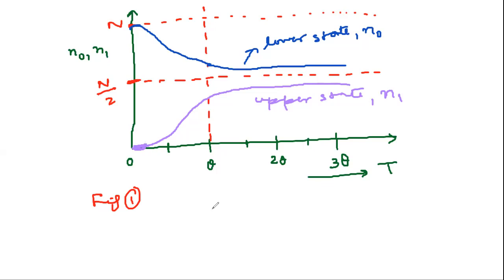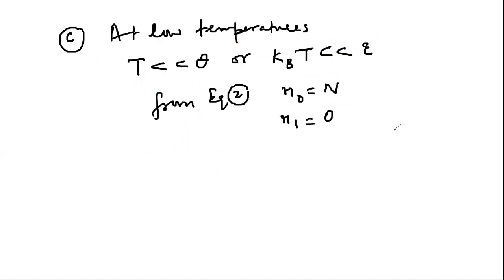No particle is excited to the higher state, J is equal to 1. This is the observation from the graph, and from mathematical equations, you can obtain this condition. So I will give you this as a home assignment. Check this at home.